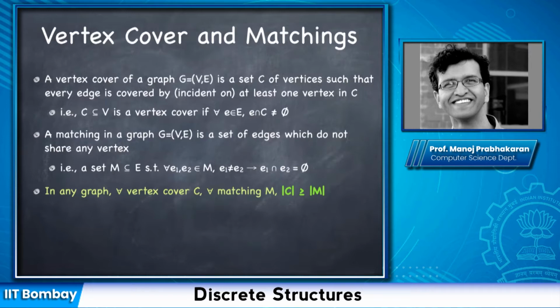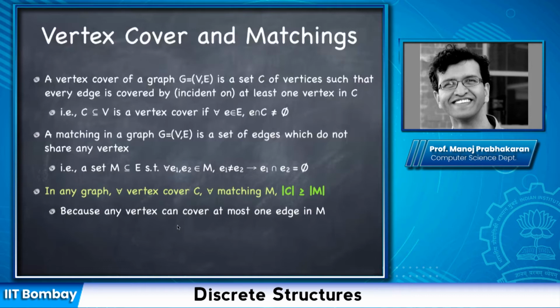So why is this? Well, to build a vertex cover, you need to cover every edge in the graph. In particular, you need to cover every edge in the matching. But each vertex can cover at most one edge in the matching. The edges in the matching do not share vertices, so you cannot use one vertex to cover, say, two edges in the matching.